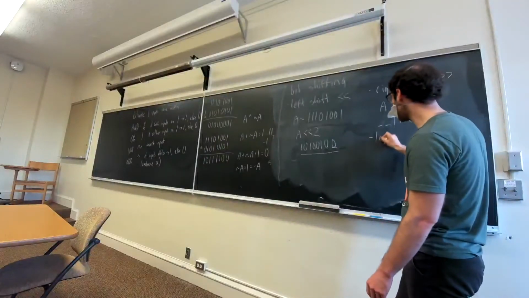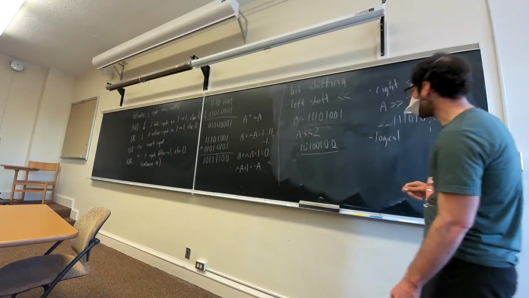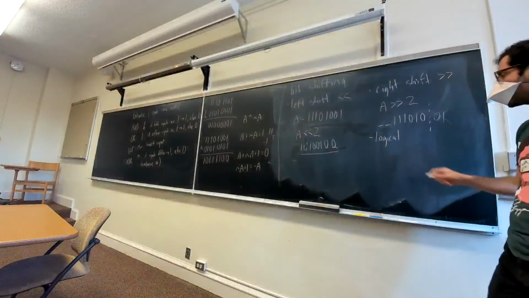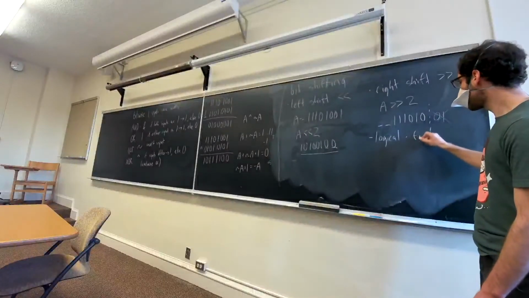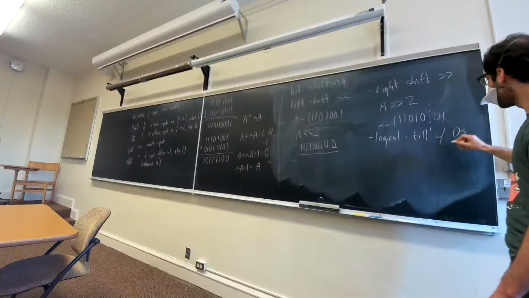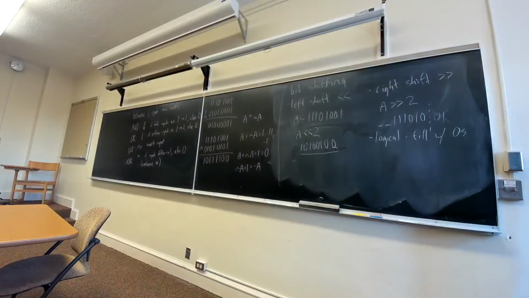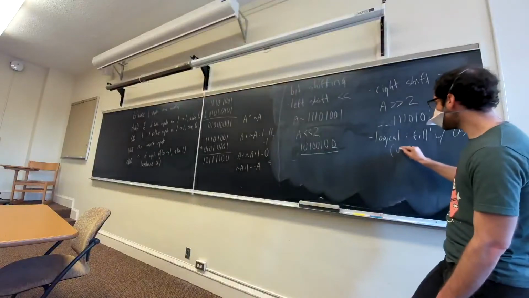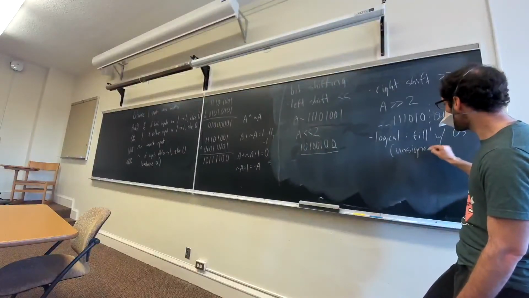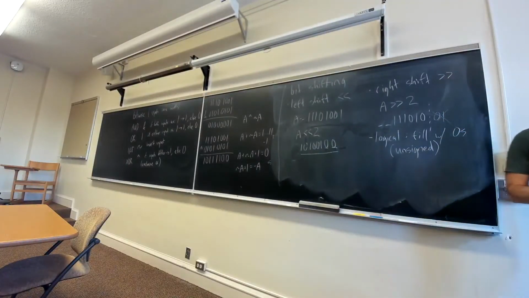We have what's called logical right shift, and that fills with zeros. This is what is used if the quantity we're shifting is unsigned.